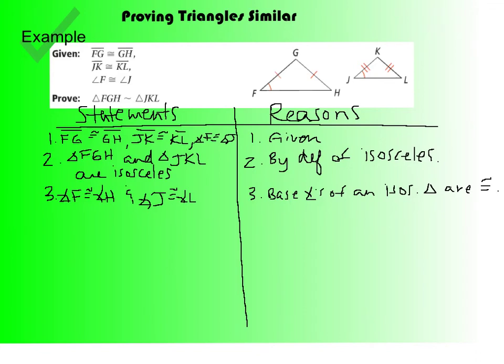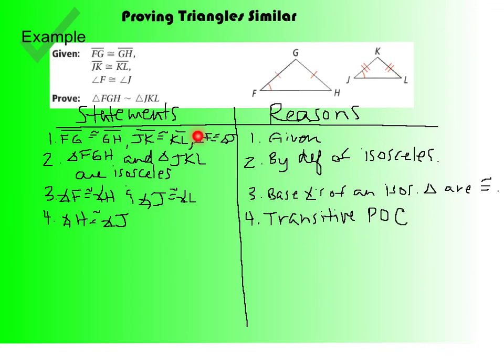Okay, here's how we can do this. In step 4, we are going to say that angle H is congruent to angle J. And the way I know that is by the transitive property of congruence.